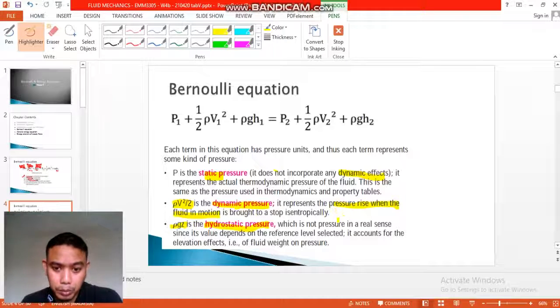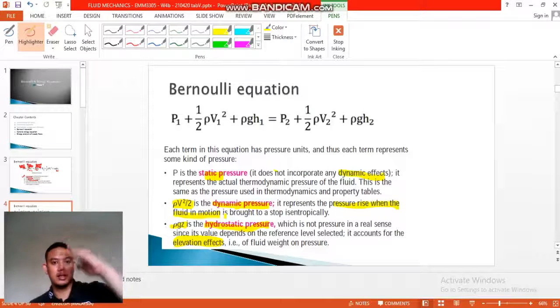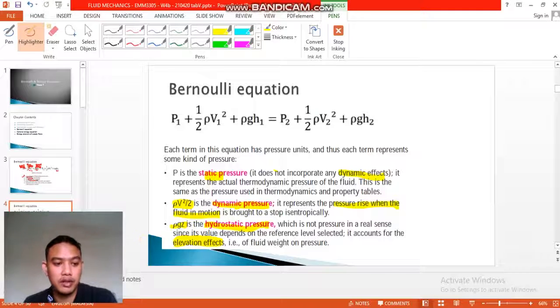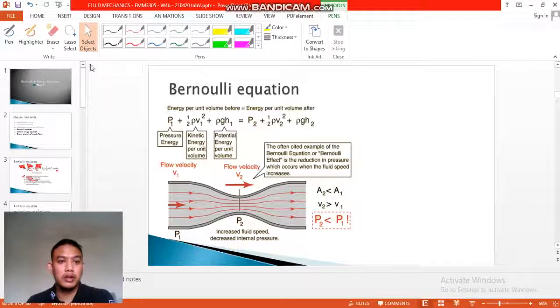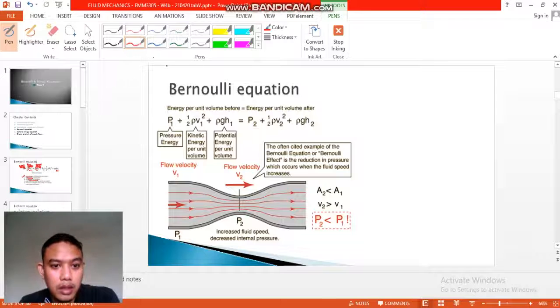It involves elevation effects, where z or h is the elevation. As I've said, the Bernoulli equation involves pressure energy, kinetic energy and potential energy.